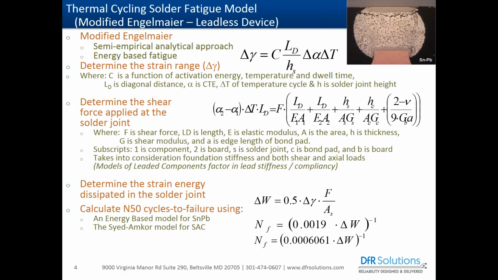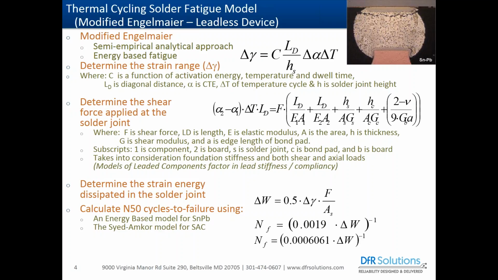Now, one of the primary tests that is done for electrical electronic durability is thermal cycling to do solder fatigue. And we now have some very accurate math models for solder fatigue calculations.